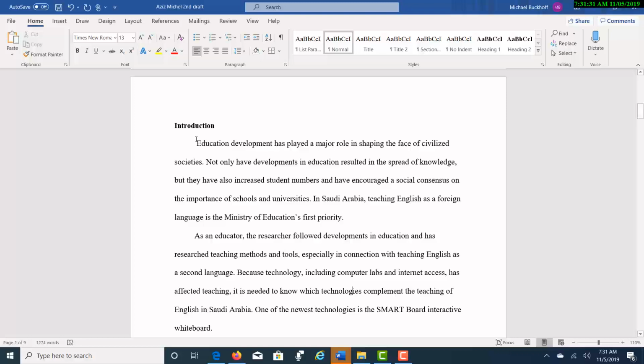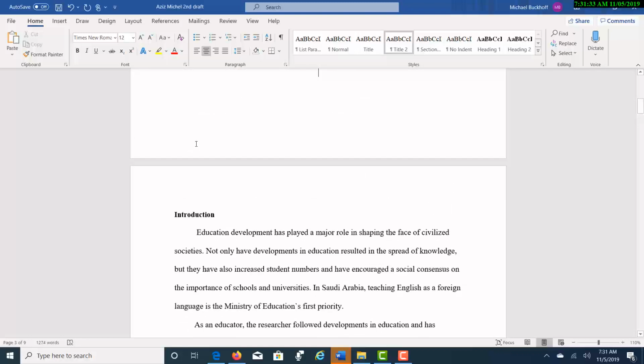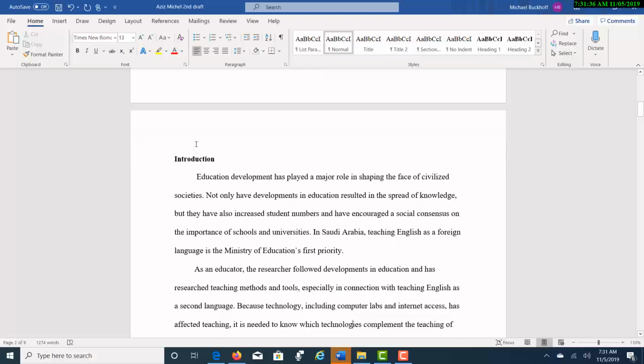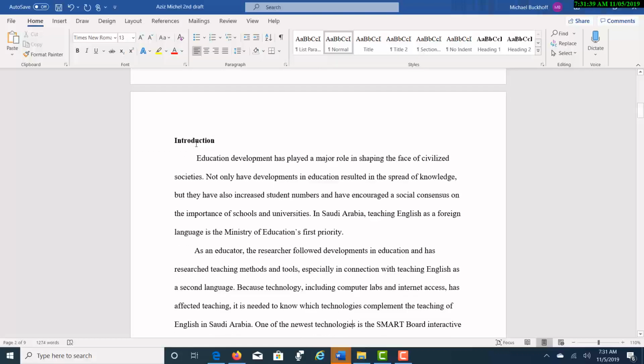All right. As an educator, the researcher followed developments in education and has researched. You want to say researcher follows or researchers follow?